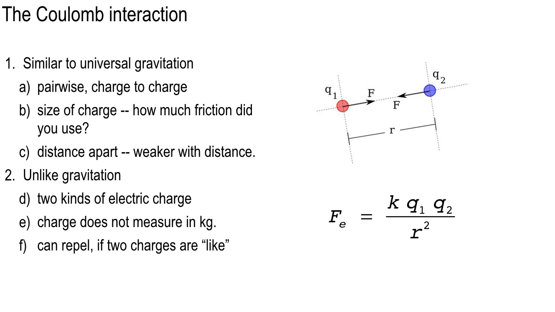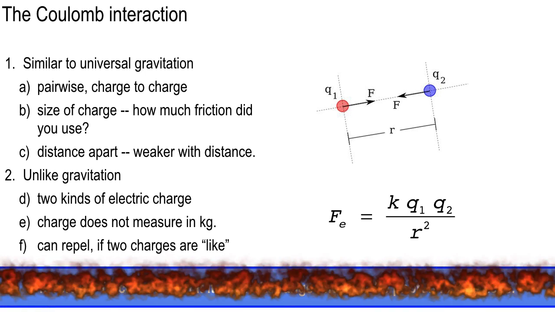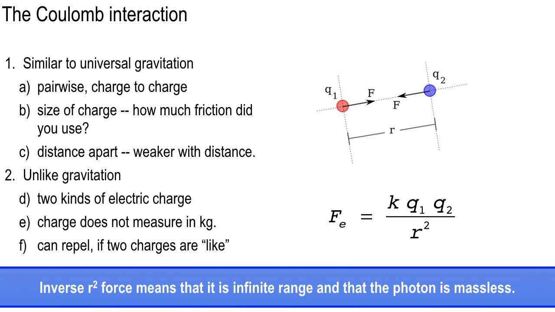But here's an important thing that is the same between the two, and that is they're both inverse r squared forces. These are the two inverse r squared forces that we know of in nature. These are the only two.